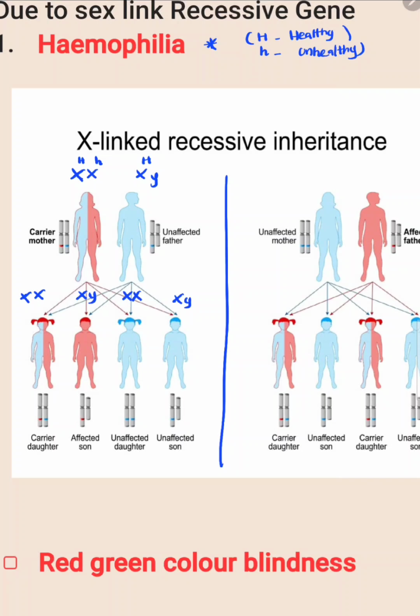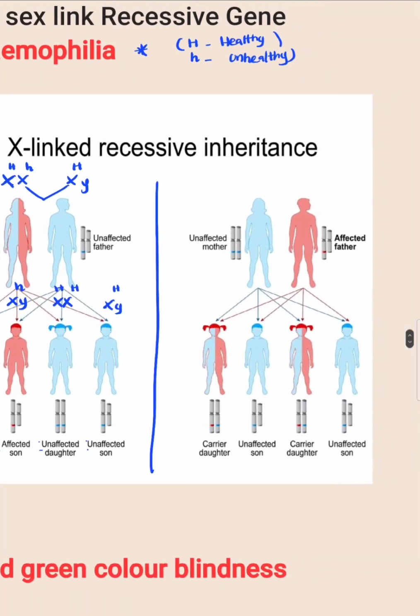The first female will get capital H, small h, and the second female will get capital H, capital H. The next male will get capital H and Y. The next one will get small h and Y. Then this is the gene composition, the genotype. The phenotype will be carrier daughter, affected son, unaffected daughter, and unaffected son.